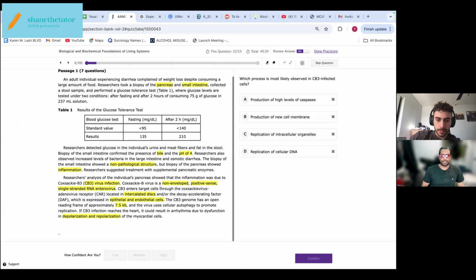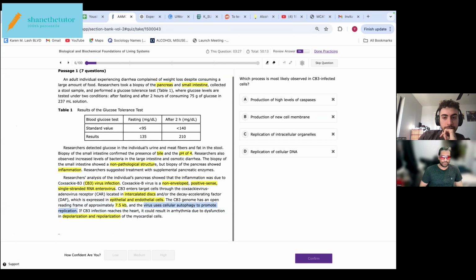What does it say in the passage? The inflammation was caused by the virus infection. No, no. So when the CB3 enters or infects a cell, what does it do to that cell? It says the virus uses cellular autophagy to promote replication.